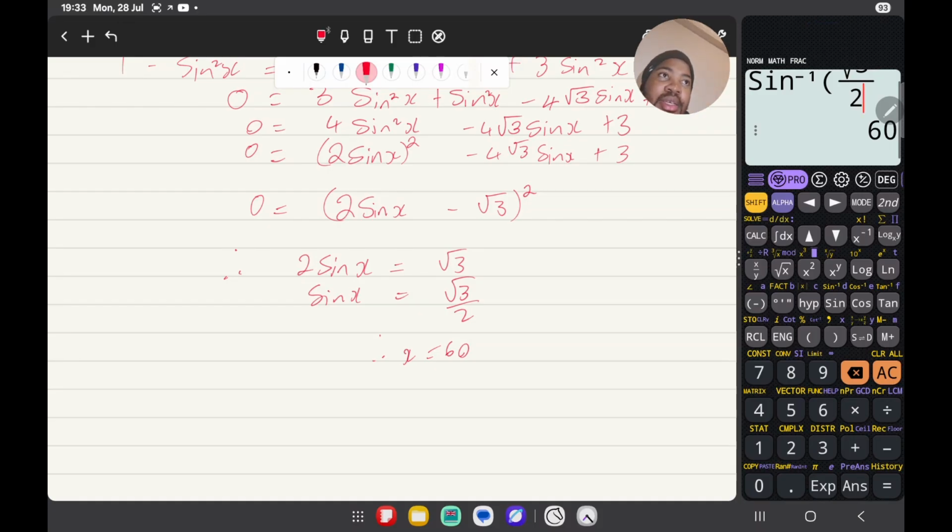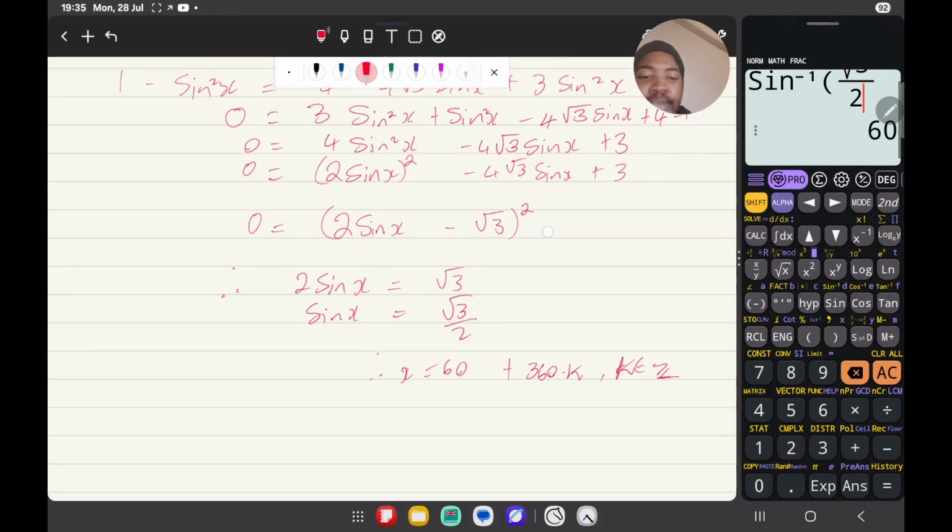And that's it. So you have x equals 60 plus 360k, where k is an element of the integers, right?